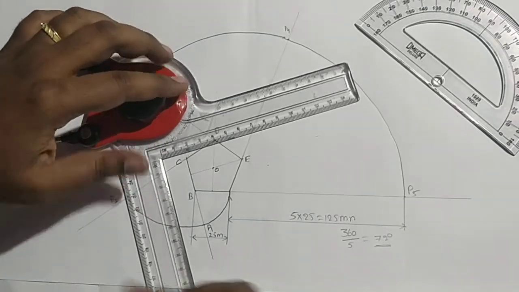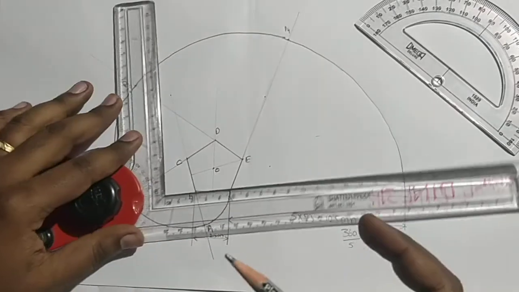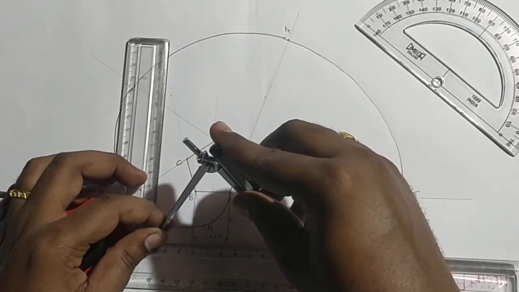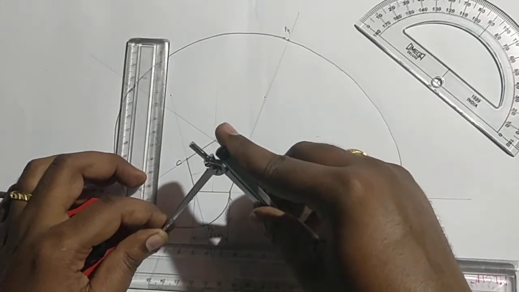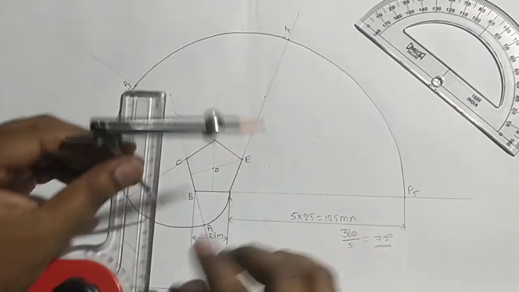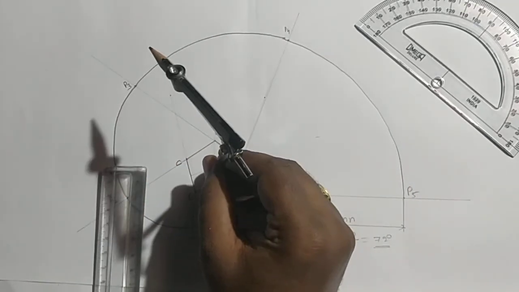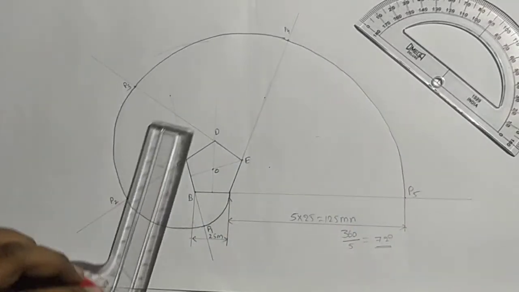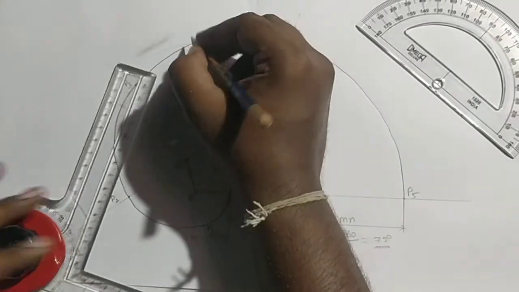By using a compass with radius 100 mm, that is 10 centimeters, with O as center, cut this arc at one point. It will intersect the curve at this point.